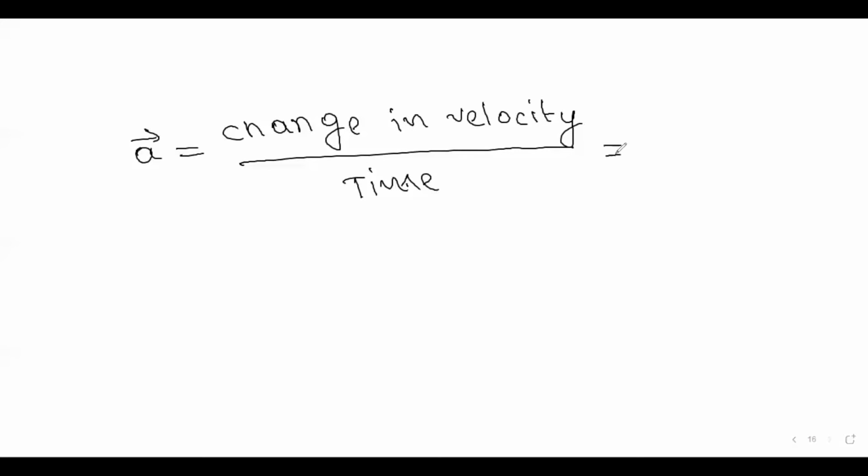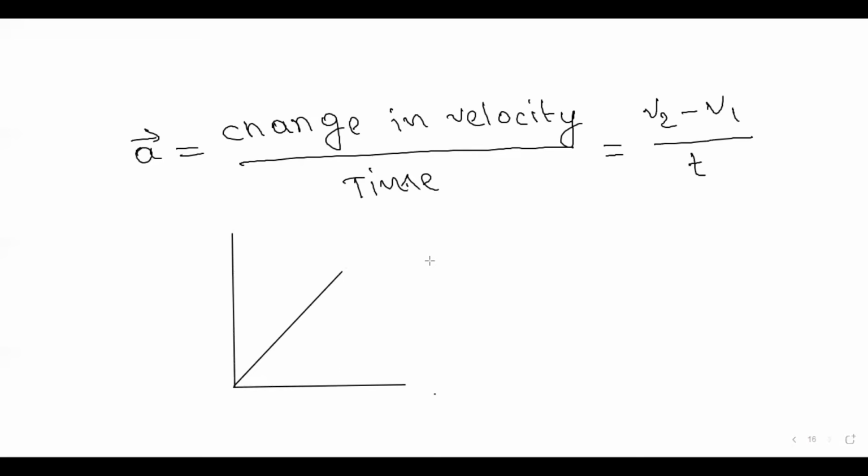So as we have defined earlier, this change in velocity means, let's say, we have to draw a graph again here. So at first I'm going to write it like this. Let's just not draw a graph right now. And now I'm going to tell you why we have taken it as v2 minus v1. So the graph should be like this. So let us draw the graph. Okay, so this will be a straight graph.